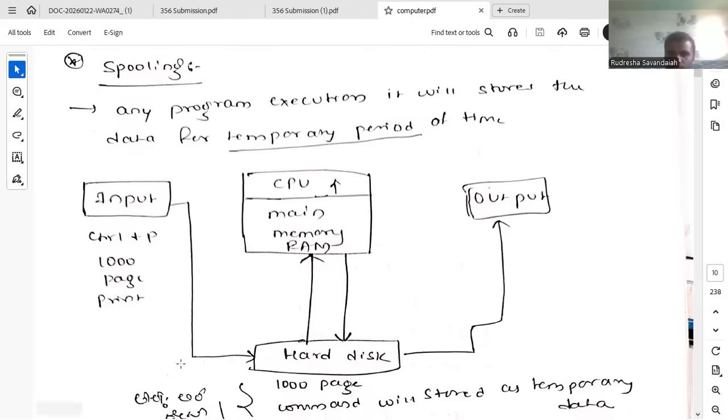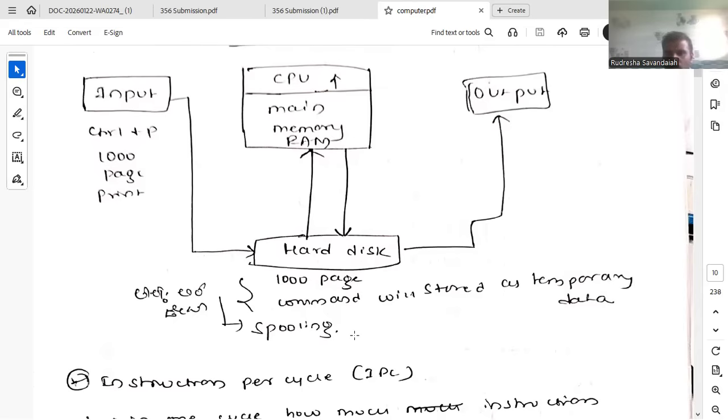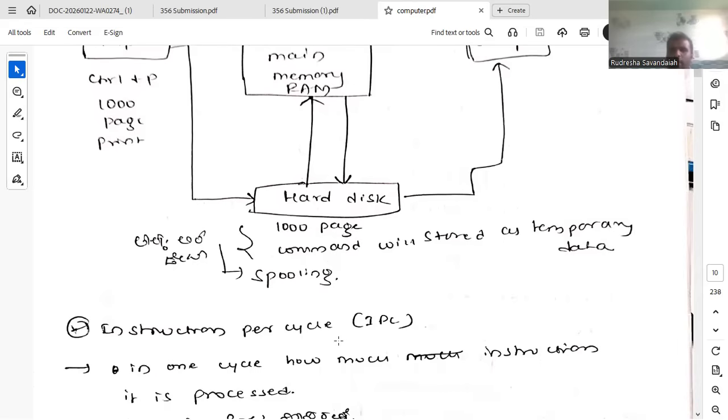CPU, main memory, RAM, hard disk, then the 1000-page output. The commands are stored as temporary data.